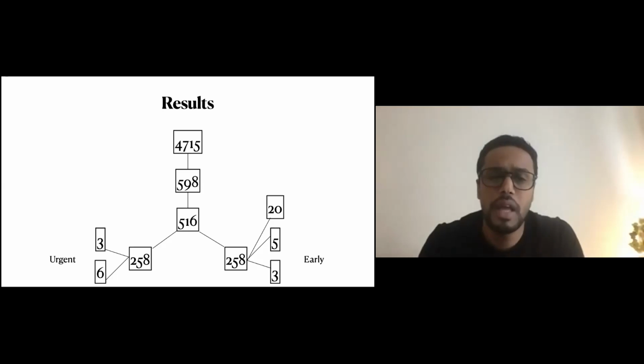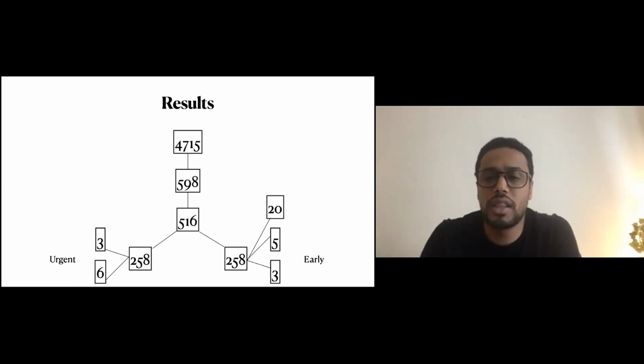3 of them didn't receive any endoscopy due to several reasons, and 6 of them received the endoscopy after the 6-hour period. The other group, the early group, was a similar number with 258 participants, but 5 of them didn't receive endoscopy, and 3 of them received the endoscopy after the 24-hour period.